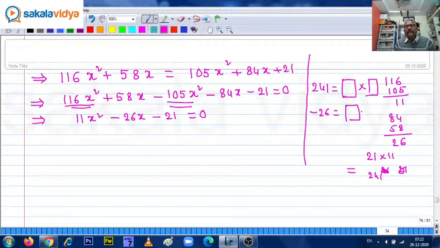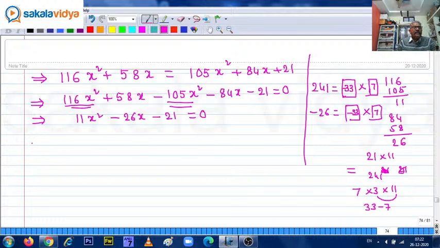What are such numbers? Whose product is 231? This 21 we can write 7 into 3 into 11. Now 33 into 7. 33 minus 7 is 26 only. So write down 33 into 7, but you need negative 26, so minus 33 and 7.